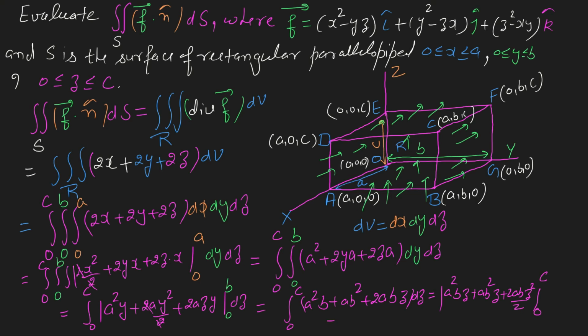So this will be further equal to a square b c plus ab square c, this 2 will cancel out, plus abc square. So abc can be taken outside, so this will be abc times (a plus b plus c). So this is the required value.